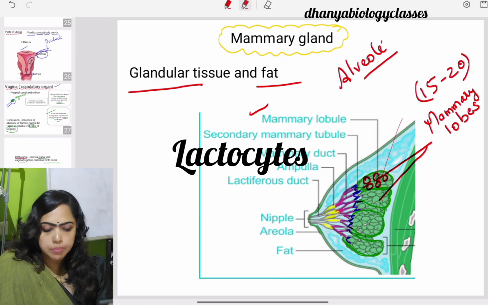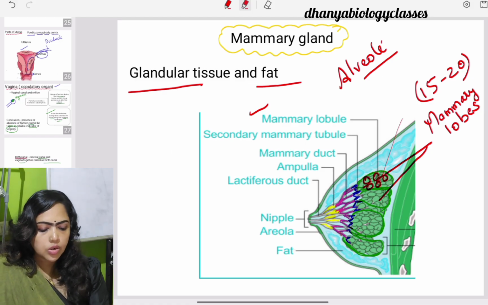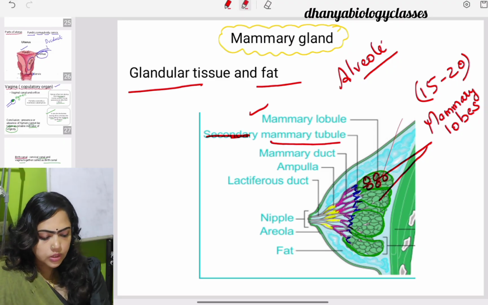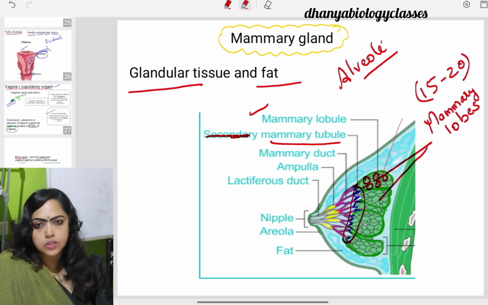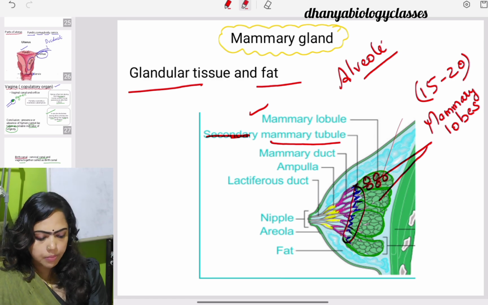The milk produced in the mammary lobule will be collected by the tubular structure called the mammary tubule. Okay. So all these are the mammary tubules. Then from the mammary tubule, the milk will be collected by the mammary duct. So all these are the mammary ducts.